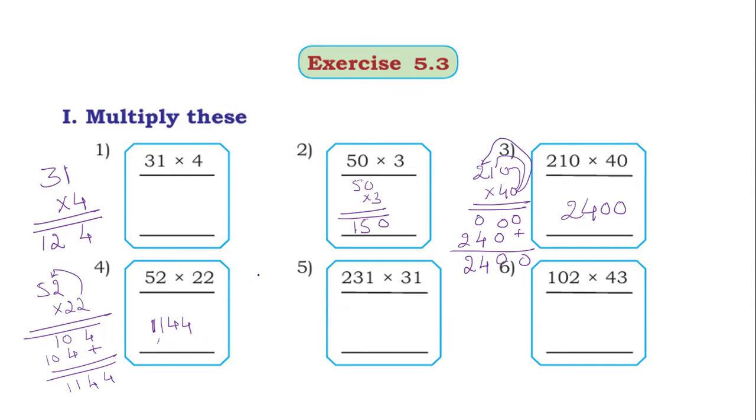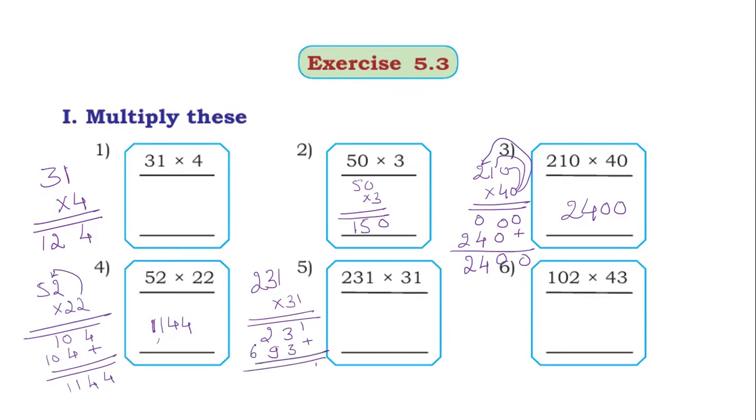Next, 231 and 231. 1 into 1 is 1, 1 into 3 is 3, 1 into 2 is 2, plus 3 into 1 is 3, 3 into 3 is 9, 3 into 2 is 6.